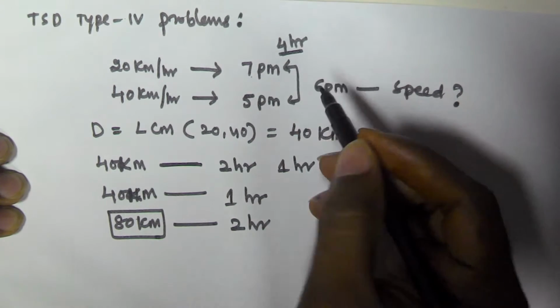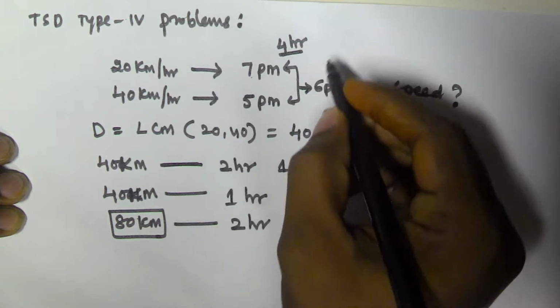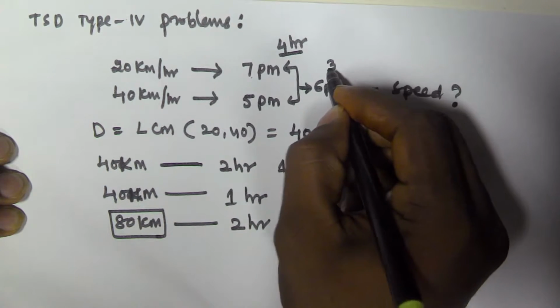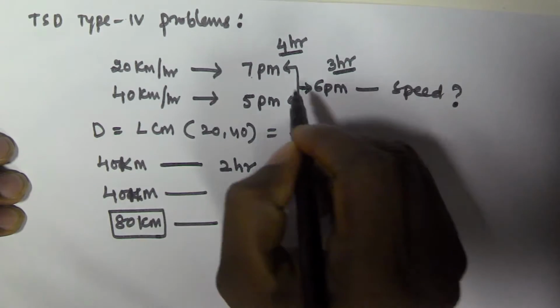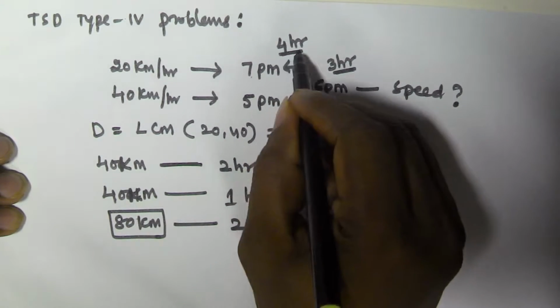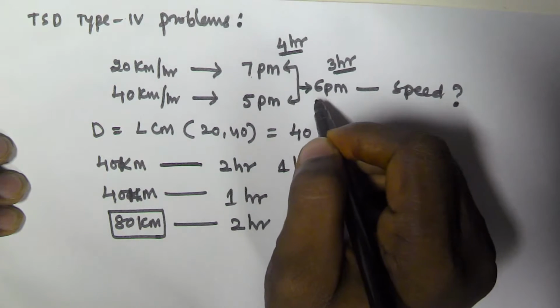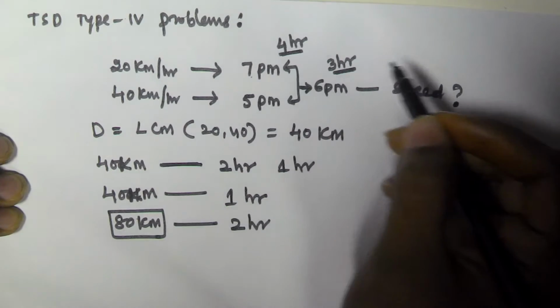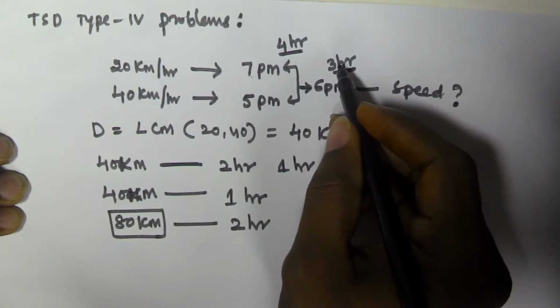To reach at 6 p.m., he has to travel 3 hours only, because if he travels for 4 hours he reaches at 7 p.m., and if he travels 3 hours, then he will reach at 6 p.m. So the total distance is 80 kilometers and he has to travel 3 hours.